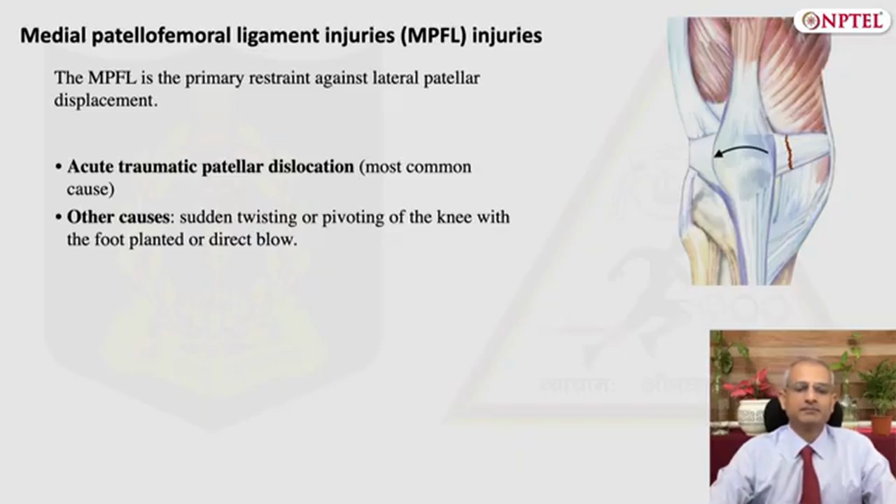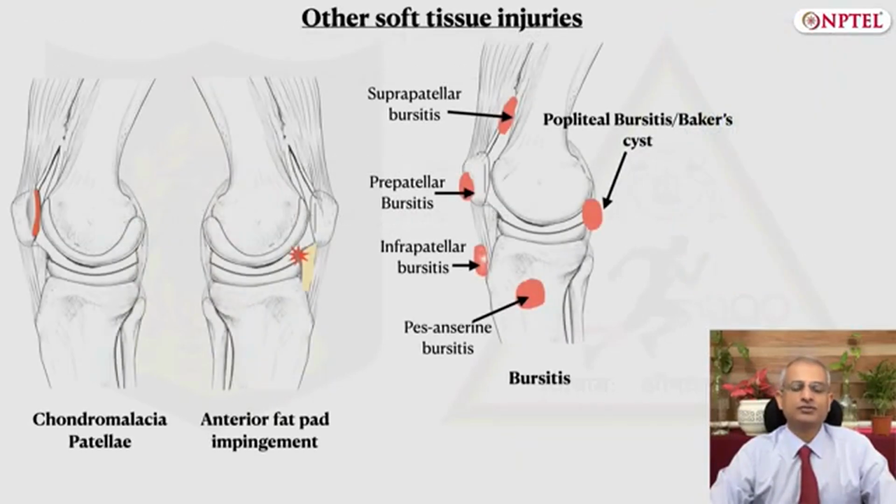Finally, we look at the miscellaneous or other soft tissue injuries of the knee that can cause significant symptoms and disability. First among them is the anterior fat pad impingement or Hoffa's disease, which is a painful condition of the anterior knee caused by the pinching or inflammation of the infrapatellar fat pad.